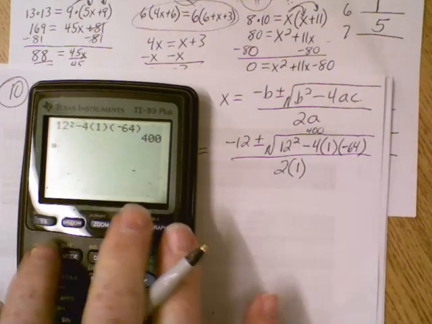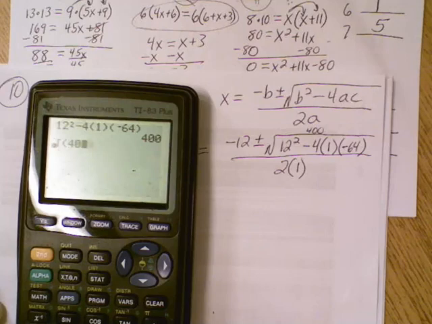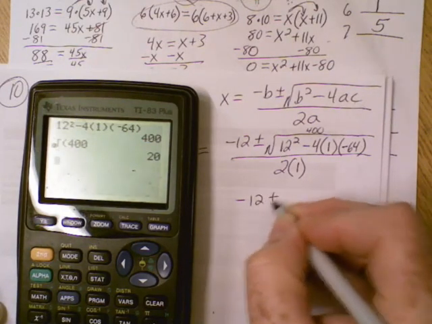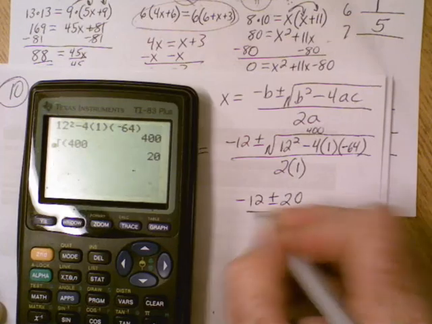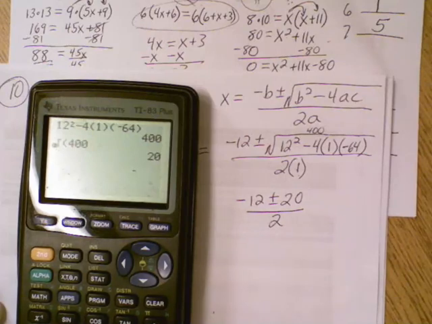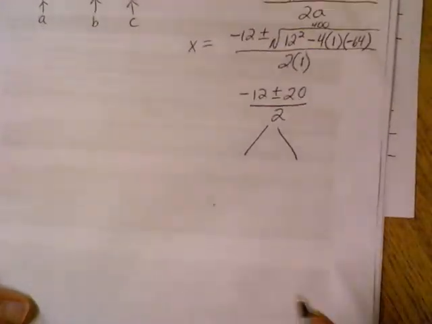All right. Next thing is I'm going to take the square root of 400, second square root 400, and I get 20. So I get negative 12 plus or minus 20 divided by, and I can do the bottom in my head, 2 times 1 is 2. And then we're just going to split it off. We're going to separate it. That's where our two answers are going to come from.